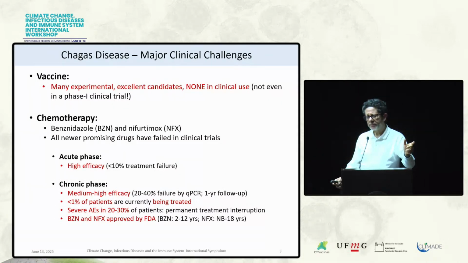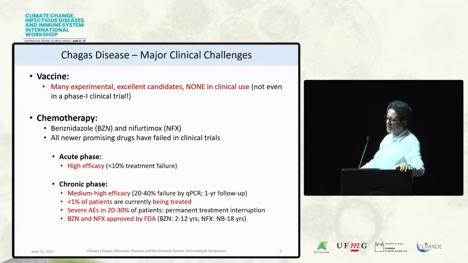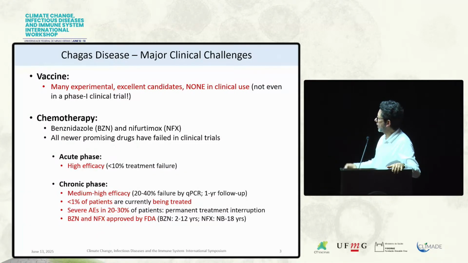It is short, maybe a month, and most of the patients are located in rural areas, like in the outbreaks in the Amazon. It's very difficult for them to access public health, and by the time they arrive in a city that has a hospital or a doctor, it's too late. It's already in the chronic stage.